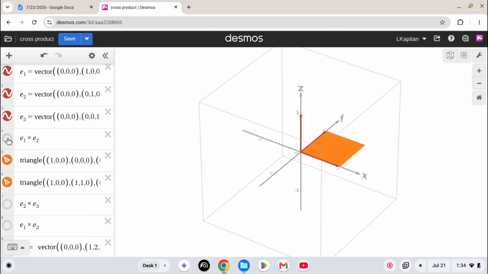So E1 cross E2 is actually E3, because that's the way this box is oriented in a positive way. All right, so let's get that off there. Now, what is E2 cross E3? So E2 wedge E3 is going to be positive in this direction. So that becomes the E1 basis vector.